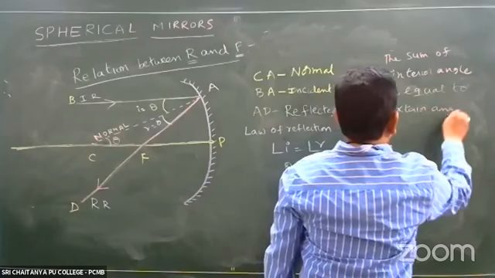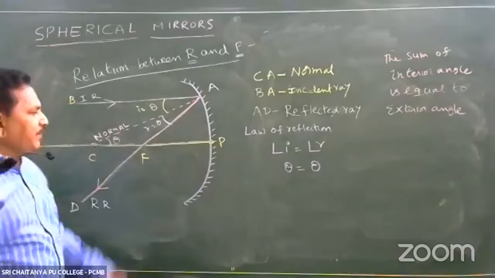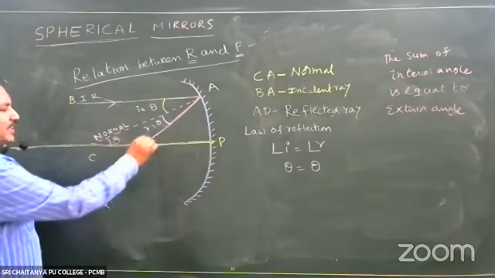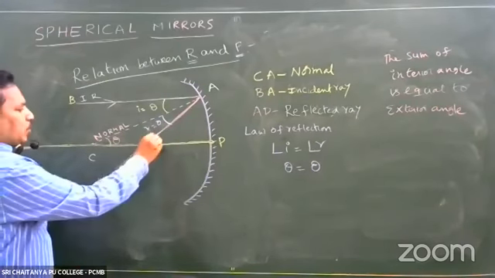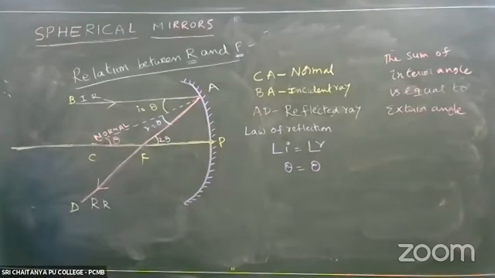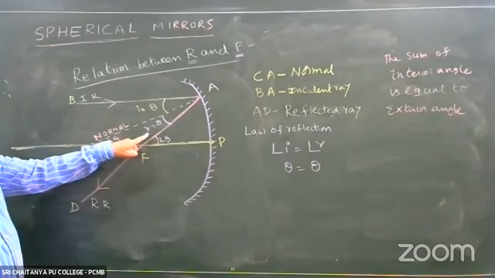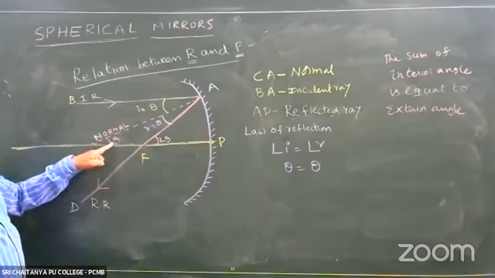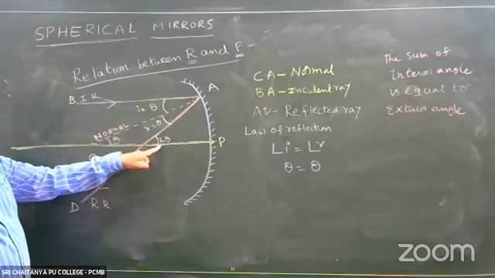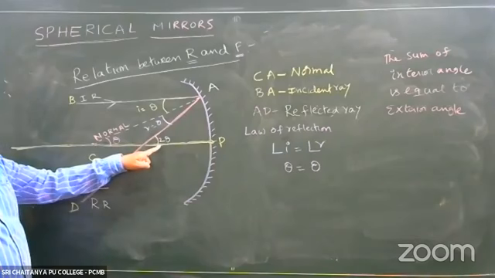I am borrowing this concept from mathematics. If this is theta, then this angle becomes how much? 2 theta, because it is the exterior angle. Angle of incidence, angle of reflection, alternate angle concept. And the sum of the interior angles is equal to the exterior angle.